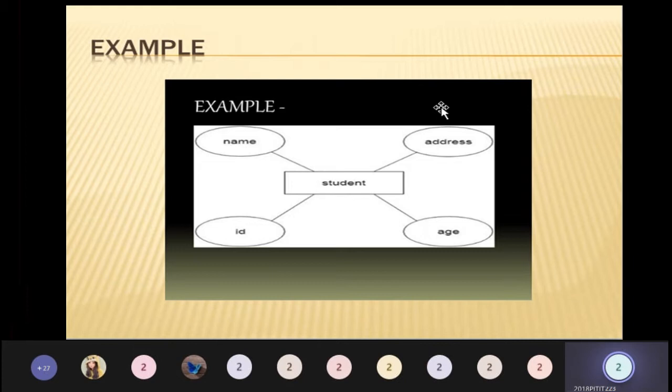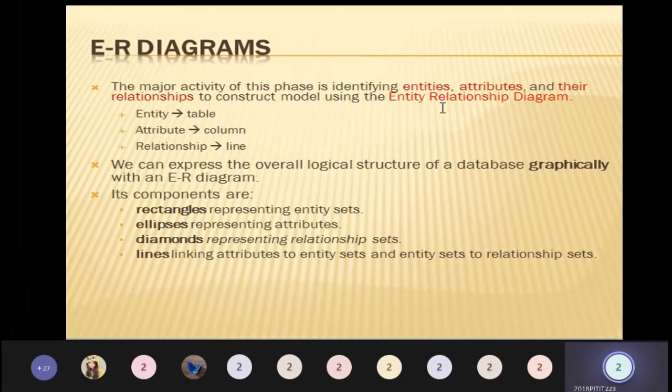It is intended primarily for the database design process by allowing the specification of an enterprise schema. This represents the overall logical structure of the database. Next, let's see the ER diagram.